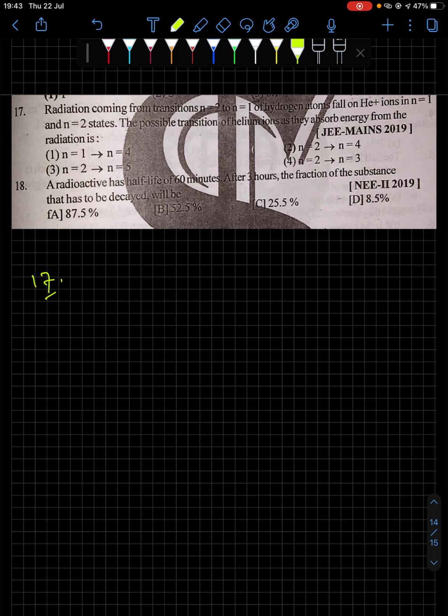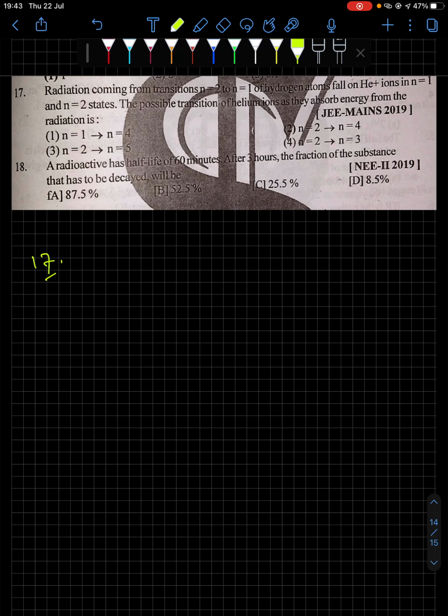So firstly, the energy released from the hydrogen transition is E2 minus E1, which is minus 3.4 minus minus 13.6. Now this is 10.2 electron volt.